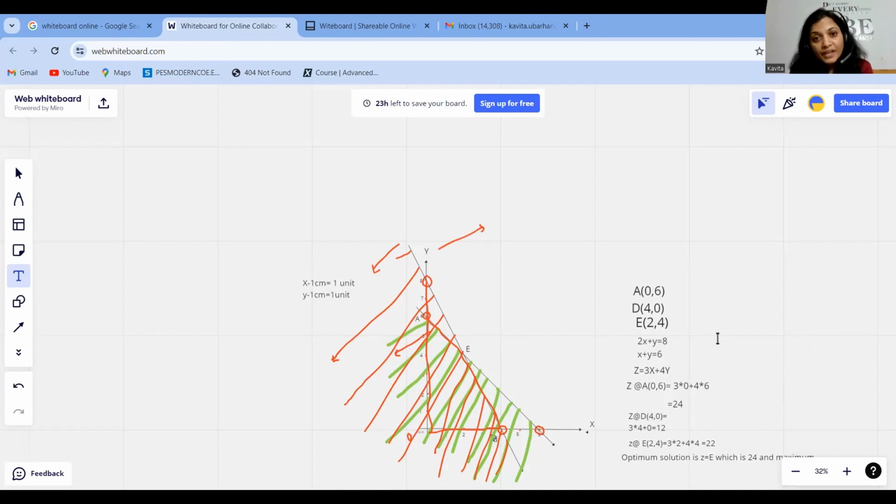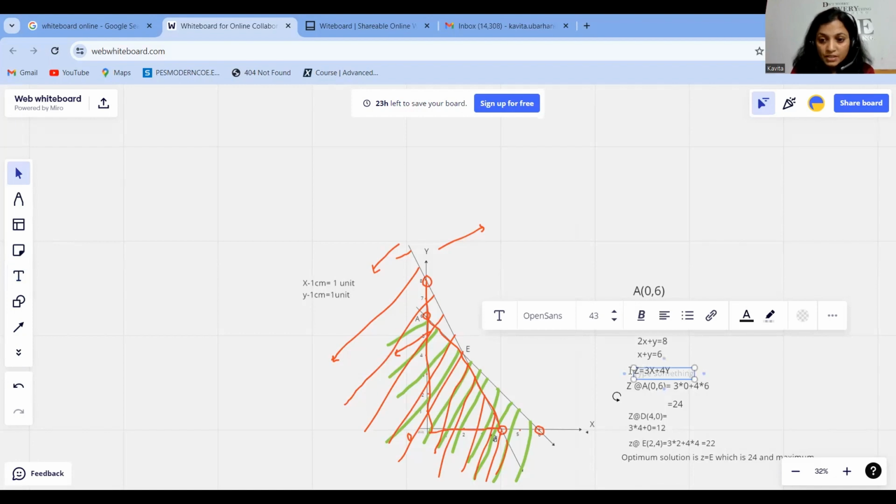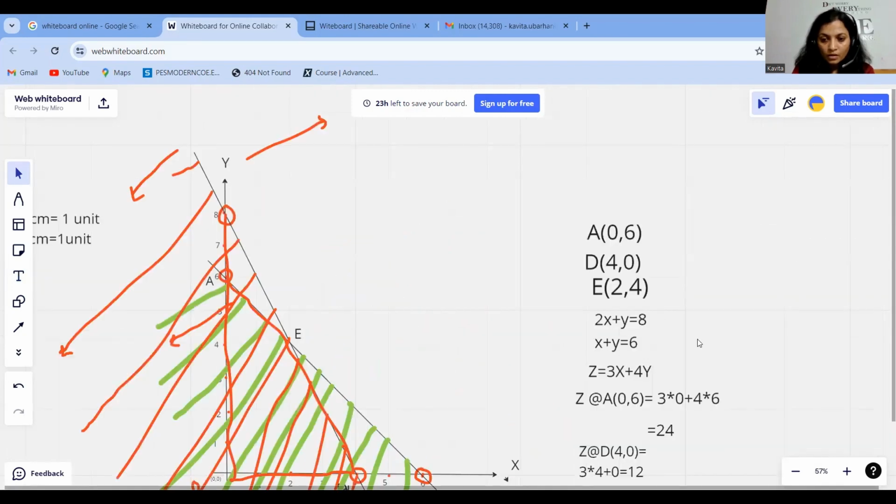So we need to find the maximum value of z by checking the value of the objective function at these 4 intersection points. Your objective function is maximize z is equal to 3x plus 4y. I hope this is audible and visible.